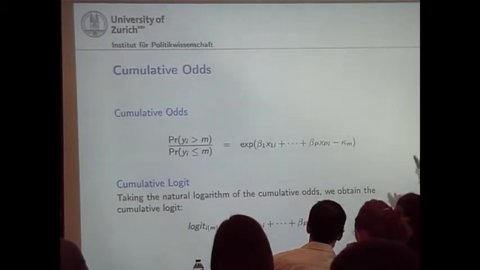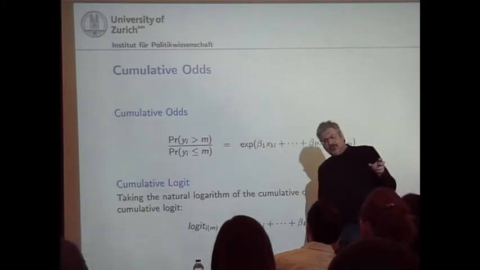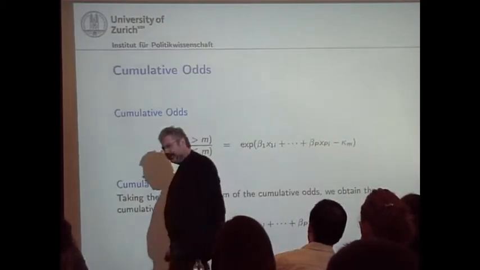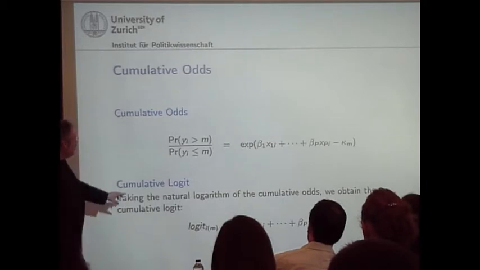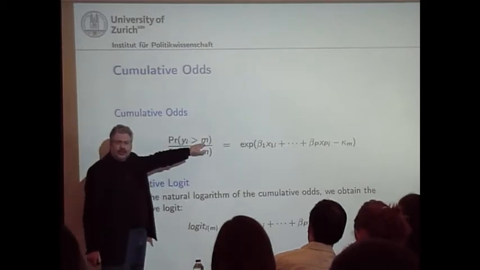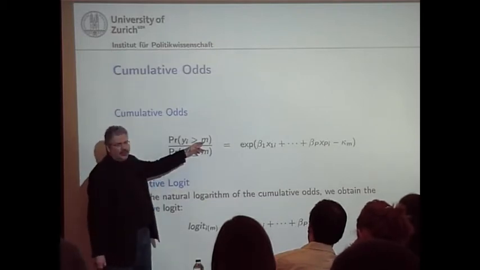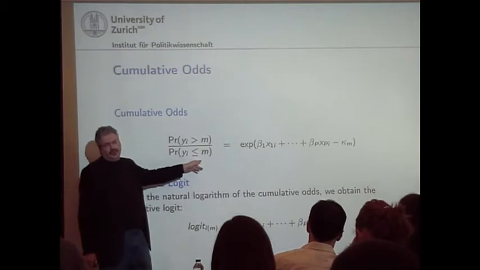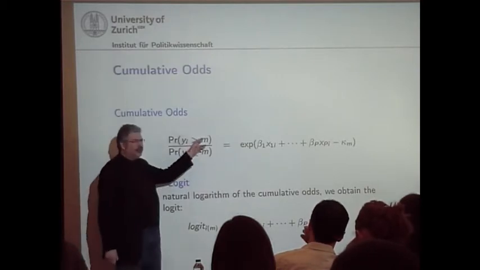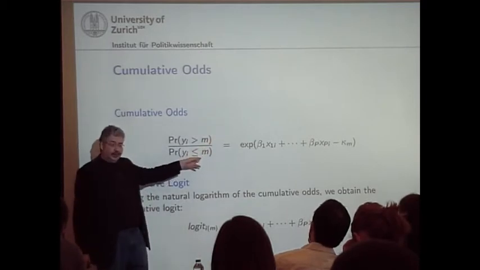But it's sort of hard to wrap your brain around it. So if I increase ideological distance by 1 point, the effect on the odds doesn't depend on which category I substitute here. So if I say, what is the probability of scoring greater than 1 versus less or equal to 1? That's saying, what is the probability of saying neutral or agree versus disagree?